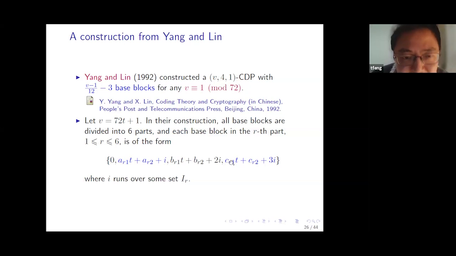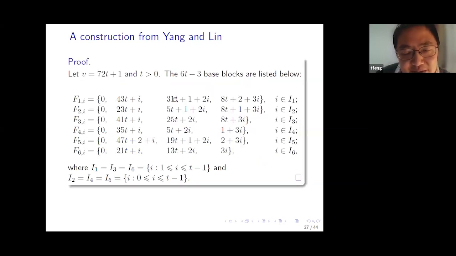This is the desired case, but in their construction, here we can see this is their construction. All of the 6 times t blocks are divided into 6 parts. And for each part, there is a variable i.